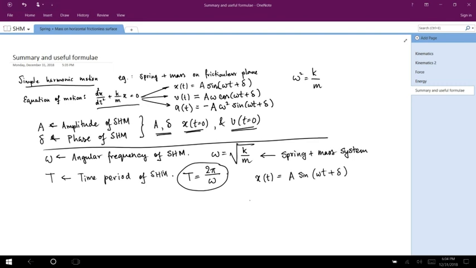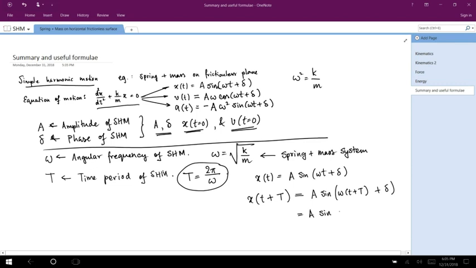And let's evaluate the position of, in our case, the block, at some later time t plus T, where capital T is the period of the SHM. Then the above equation gives us A sine(omega times (t plus T) plus delta), and then we can plug in T equals 2 pi over omega.